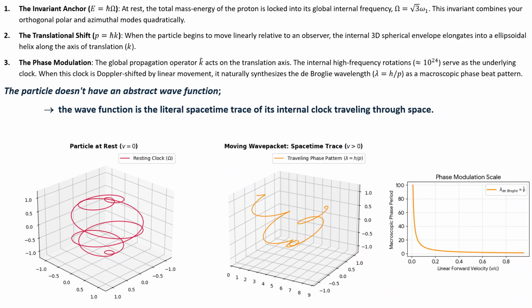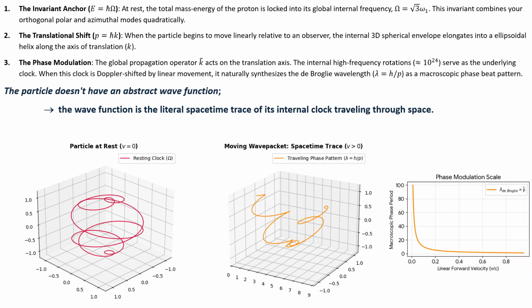I have the imaginary units i, j, and k, which you can interpret as rotational operators or the directions of the three axes in three-dimensional space.